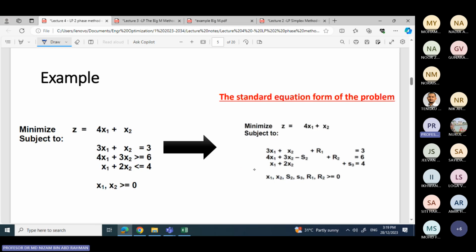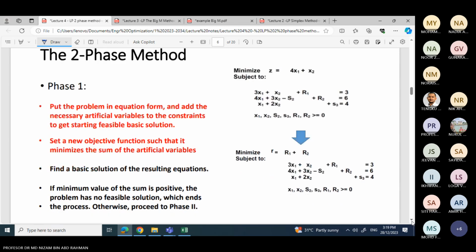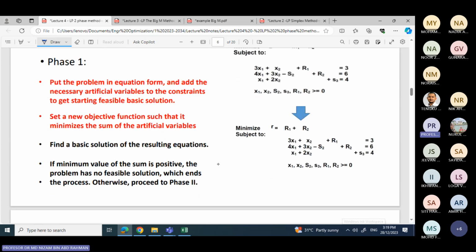That's the first step. The first step is to put all the problem equations in standard form and add the necessary artificial variables to the constraints to get a starting feasible basic solution. So you're done with this, right? Second, set a new objective function that minimizes the sum of the artificial variables.